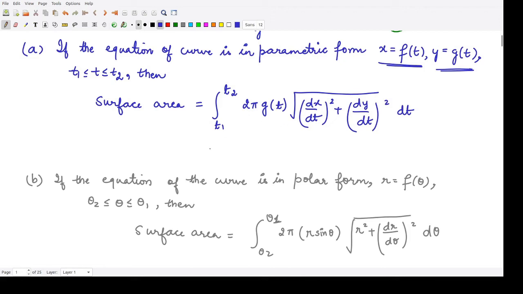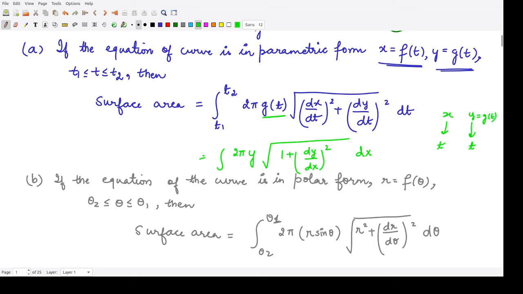If you see the previous expression, it was nothing but integration of 2 pi y into ds, or into square root of 1 plus dy by dx whole square multiplied by dx. Now everything here is given in terms of t: x is given in terms of t, y is also given in terms of t. So what is the value of y given to you? y is given to be g of t.